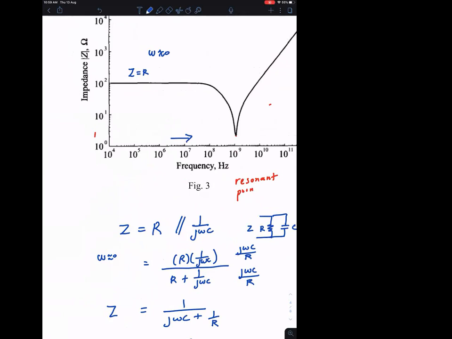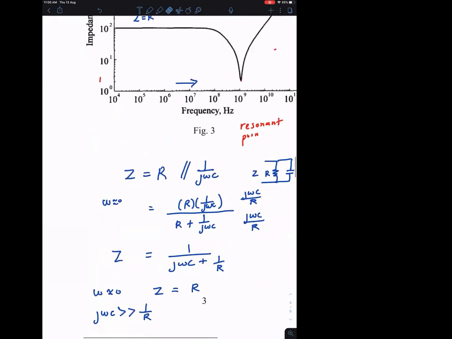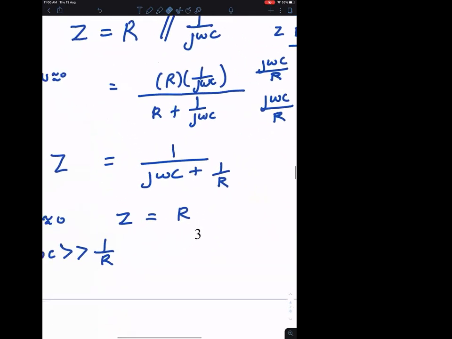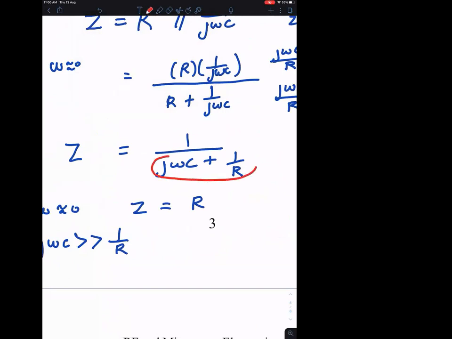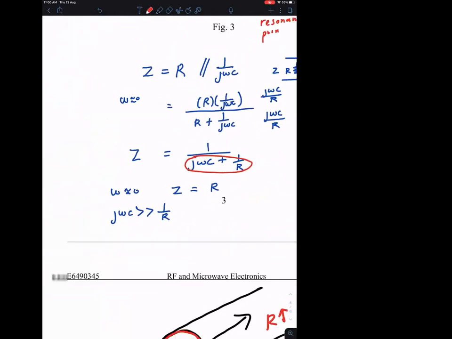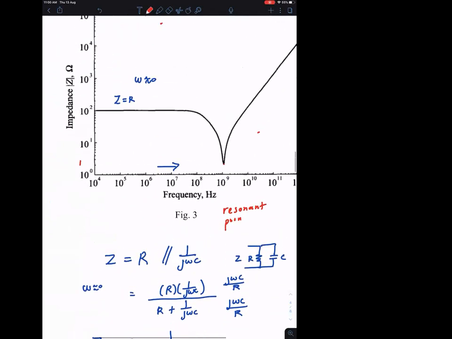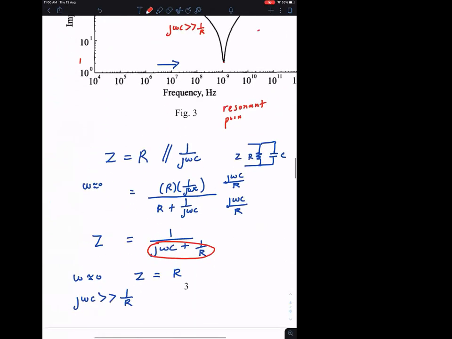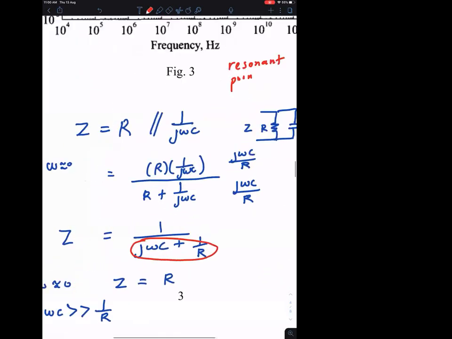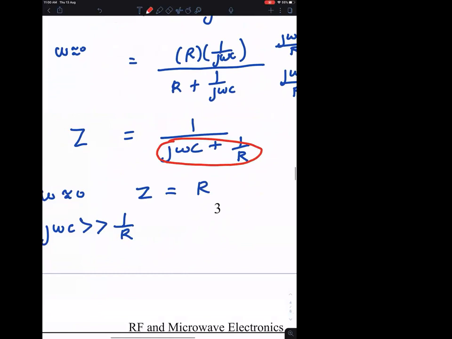As omega increases, looking at this equation here, we're just looking at this part, the j omega C. As omega increases, j omega C becomes much, much larger than 1 over R, correct? Therefore, in this case, you can simply ignore it.